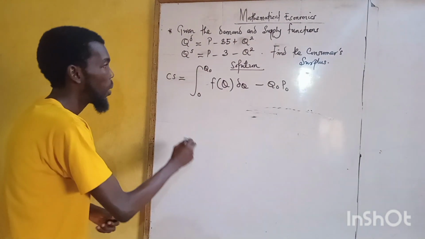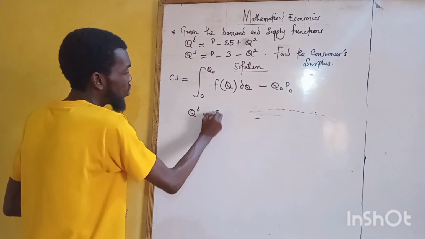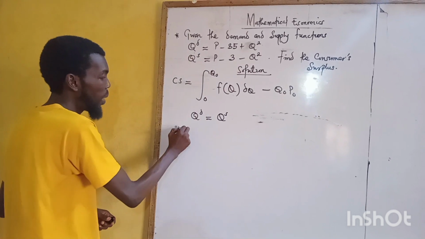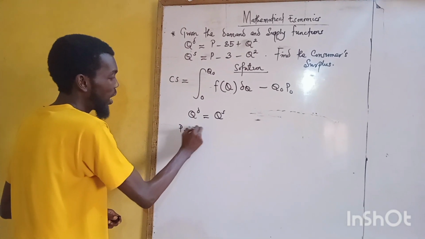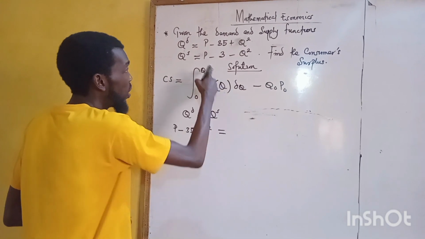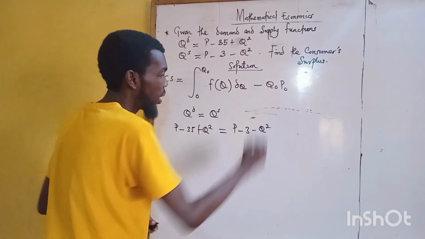Now let's go. At equilibrium, quantity demanded is equal to quantity supplied. And so what is our quantity demanded? P minus 35 plus Q squared equals quantity supplied, which is P minus 3 minus Q squared.